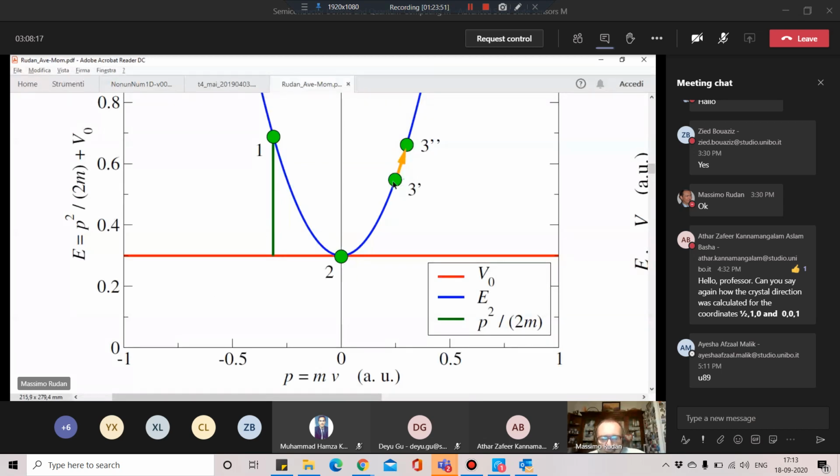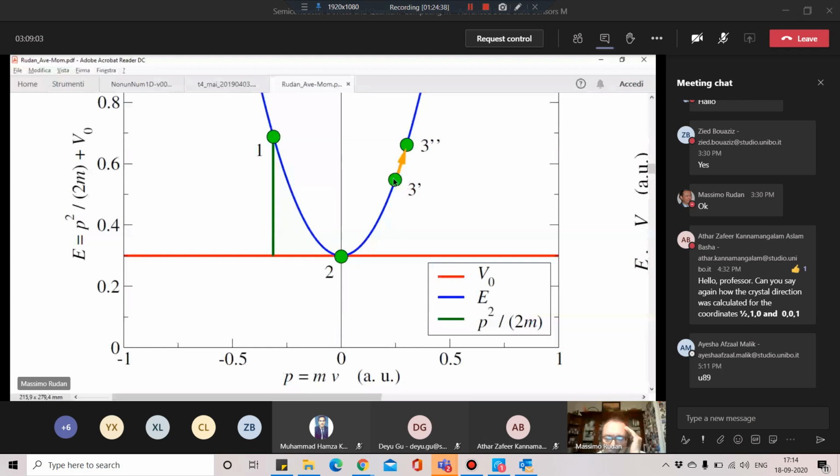Situation 3 prime represents the situation of a particle that has some momentum that is positive. If the particle is left unperturbed, the momentum does not change because the velocity cannot change. So again, if the particle has initially a dynamic situation corresponding to case 3 prime, the particle will always stay in that position in this diagram, so the momentum will never change.